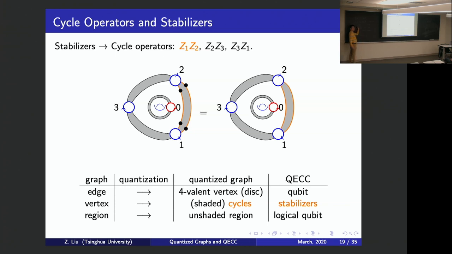For the quantum case, it's not just the sum of the bits, but it's given by the action of Pauli Z on the states. So Pauli Z1, Pauli Z2 is identity, acting on 0,0,0 or 1,1,1. So the three linear relations in the classical case now become the stabilizers of the code.